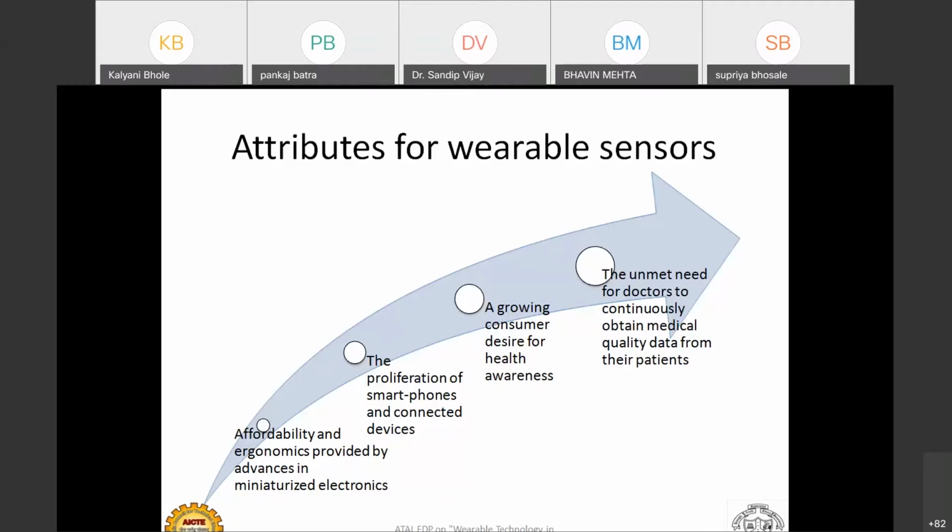See, nowadays everyone has a smartphone. So for the sensor, we have something to interface or to communicate or to bring the data into, a smartphone. Because of the use of smartphones, the connecting devices are readily available. You don't need a special device to bring that sensor signal into your use or into your knowledge. You have the device already. So that is one more attribute.